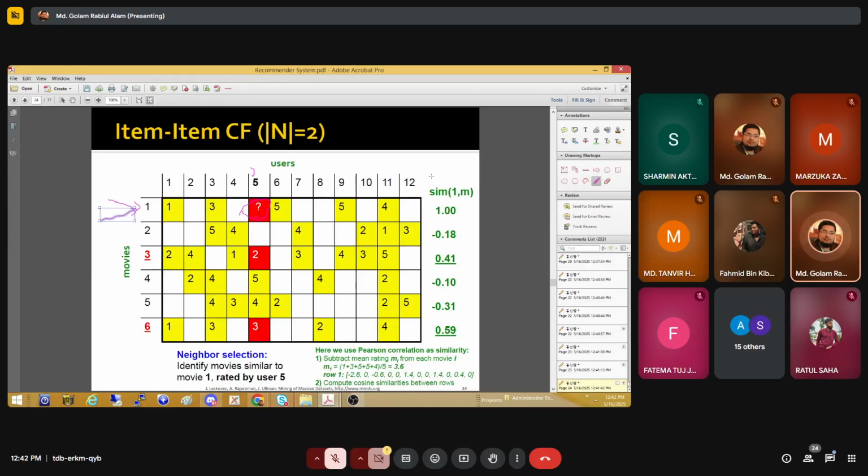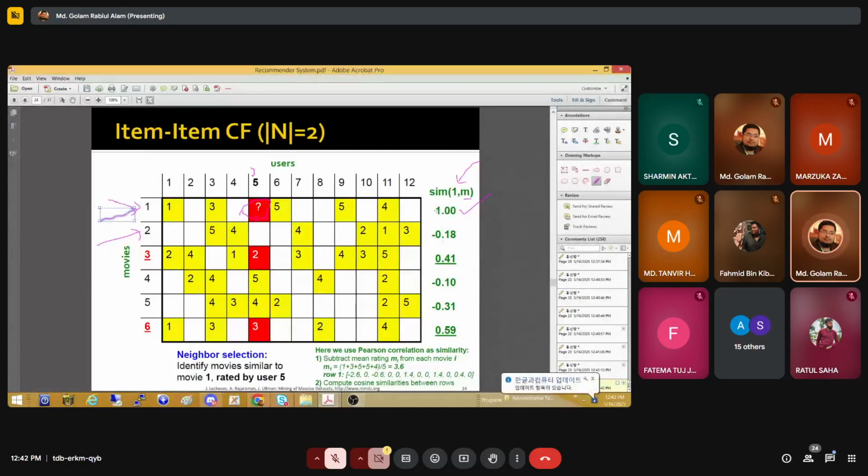If we measure the similarity between movie 1 and the other movies, then between 1 and 1 the similarity will be one, because it is the same set.